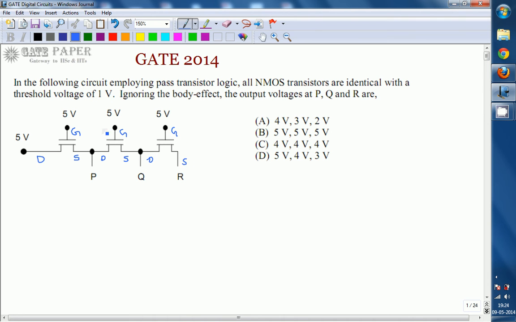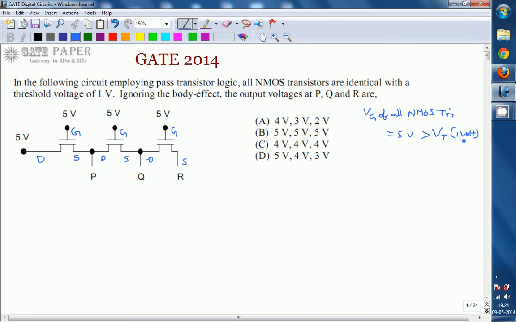Since the gate voltage for all transistors is 5 volts, Vg of all NMOS transistors is 5 volts, which is greater than Vt, which is 1 volt. Threshold voltage is the minimum gate voltage that must be applied so that a channel is established and the MOS transistor can act as an on switch.